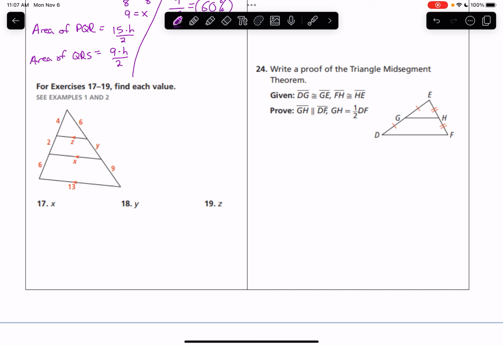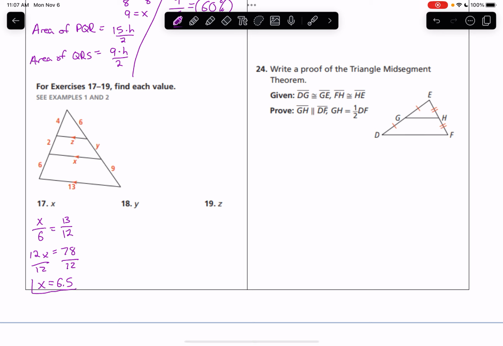So I can say x base side over 6 left side equals 13 base side over 6 plus 2 plus 4, 12 left side. And so then I cross multiply, I get 12x equals 78, divide by 12, and I get x equals 6.5.